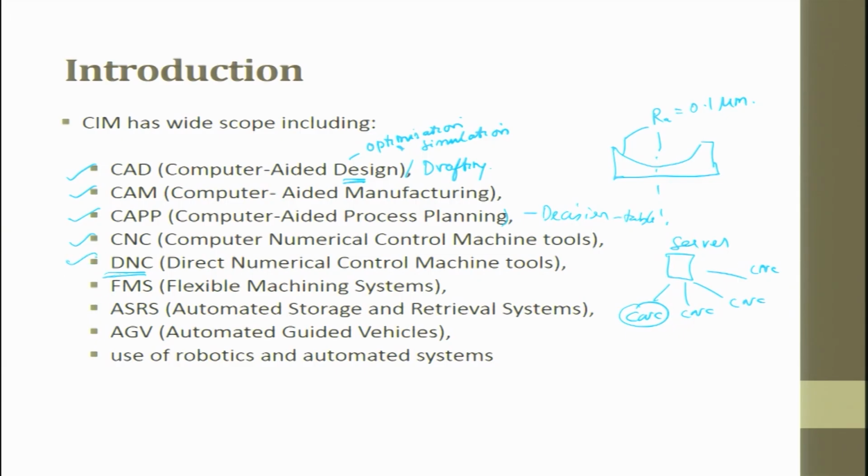The next one is the flexible manufacturing system. It can be called a machining system, or to be more generic, it can be called a manufacturing system. And then we have ASRS, which is the automated storage and retrieval system.